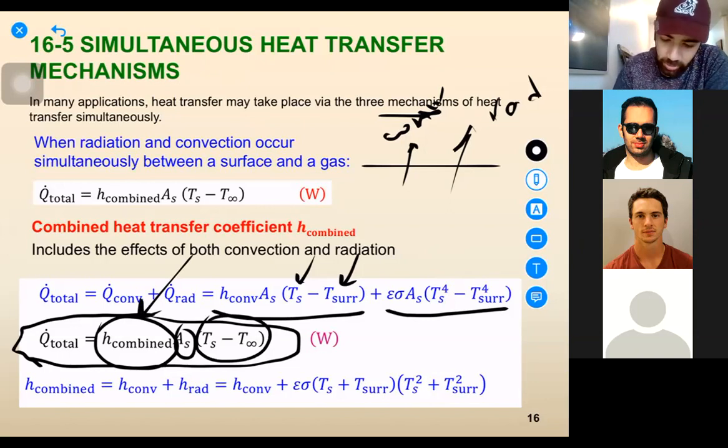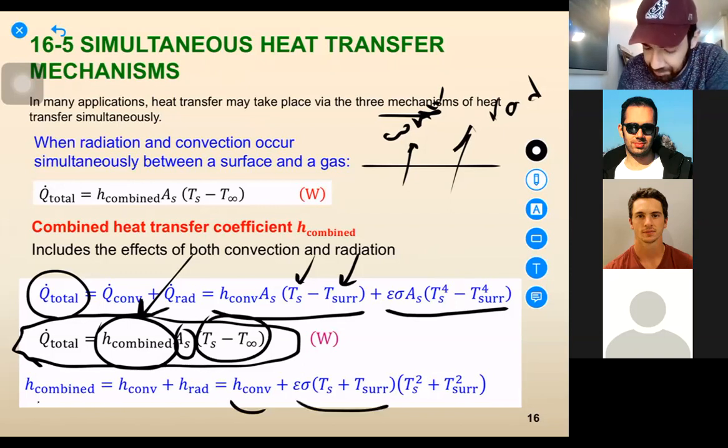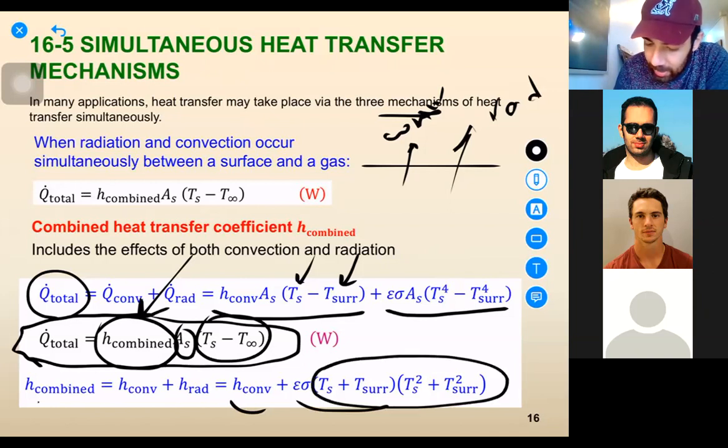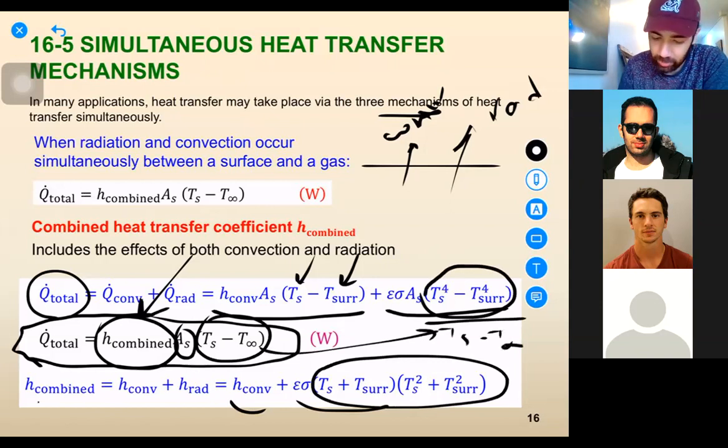So if you substitute this amount instead of this term here, and you cancel the common terms from each other on the left and right-hand sides, then you would have H of combined as H of convection plus sigma times epsilon times this term, which is actually Ts to the power of 4 minus T of surrounding to the power of 4, over this term, which is Ts minus T of surrounding.